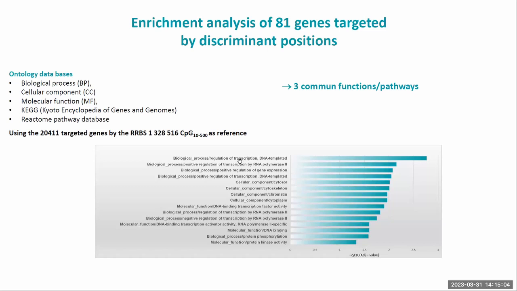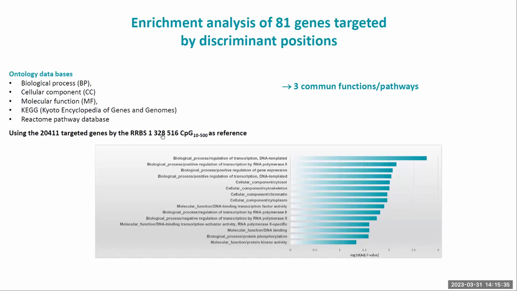The second function is related to components of cytosol, cytoskeleton, and cytoplasm, which are intracellular components. And the last is in relation with signaling pathways, such as protein phosphorylation and protein kinase activity.